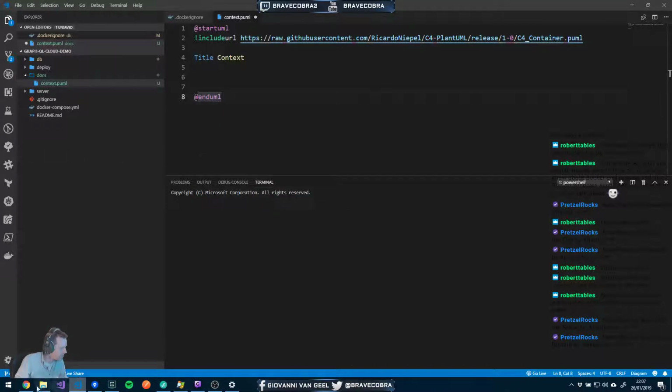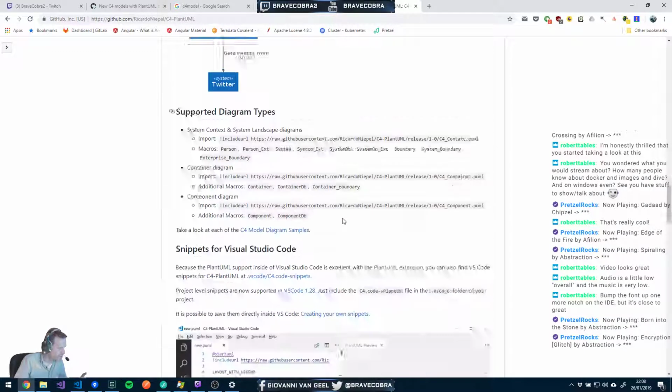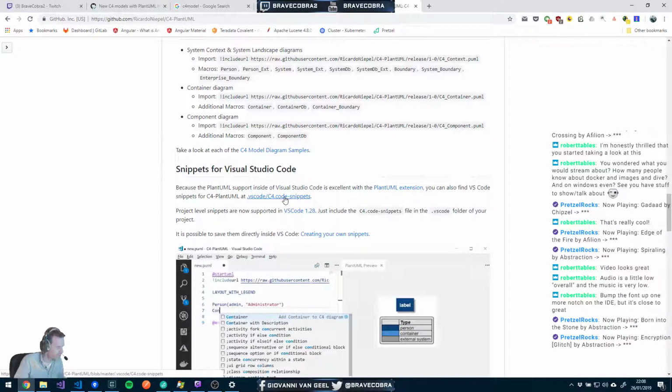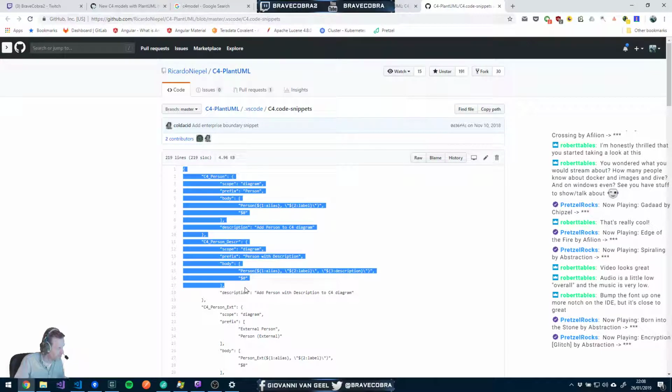So he also added some C4 snippets, so you have some code completion. What you would need to do for that one is you have C4 code snippets, which is just a JSON file.